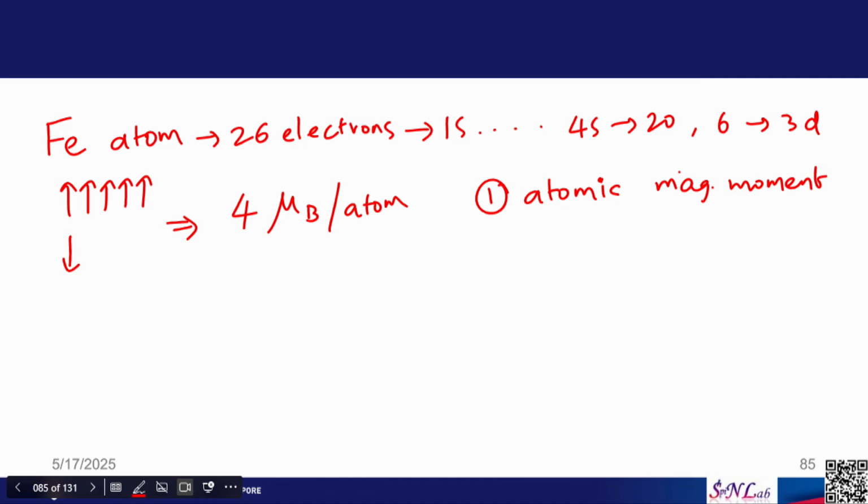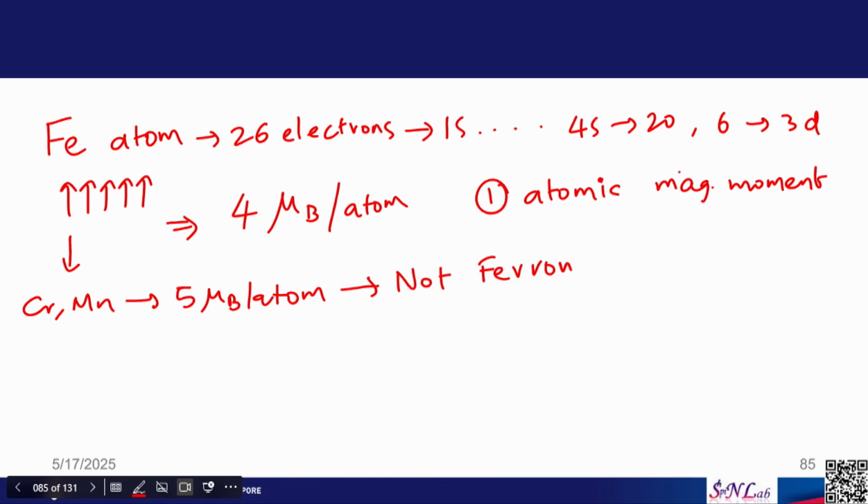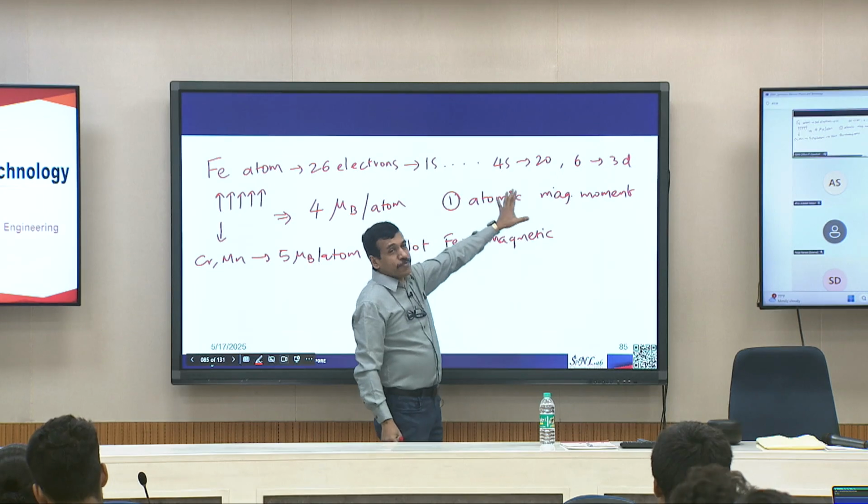In fact, many other elements like chromium and manganese also have around 5 Bohr magneton per atom, but they are not ferromagnetic. So, it is not enough that the atom should have an atomic magnetic moment.